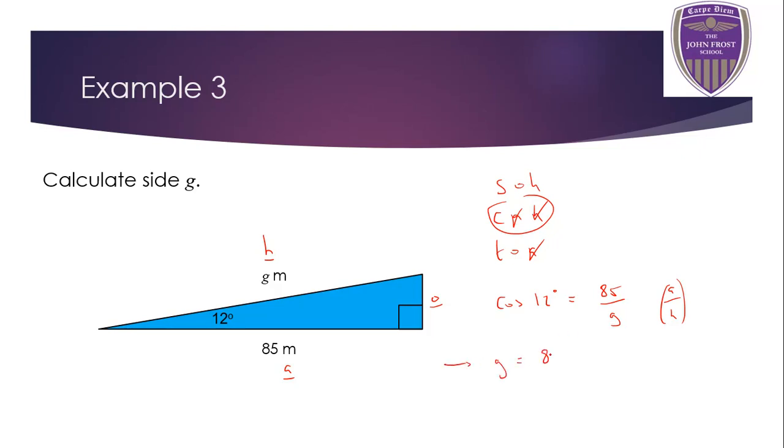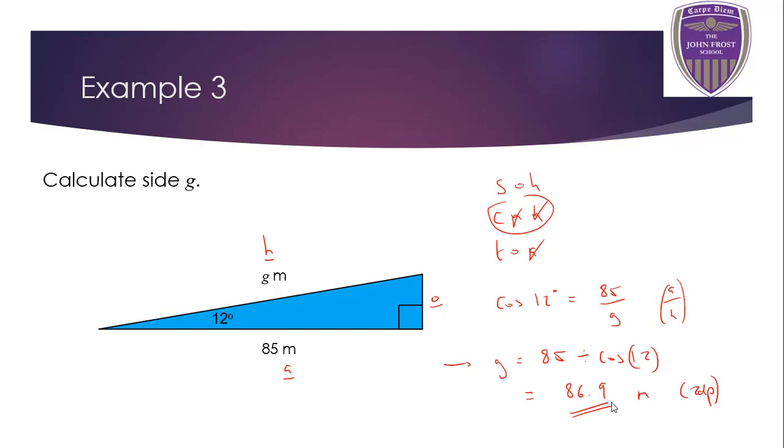So you do 85 divided by cos 12 and see what you get. 85 divided by cos 12 gives me 86. Well, this is quite close. 86.90 or 86.9 meters to 2 dp. Okay, job done.